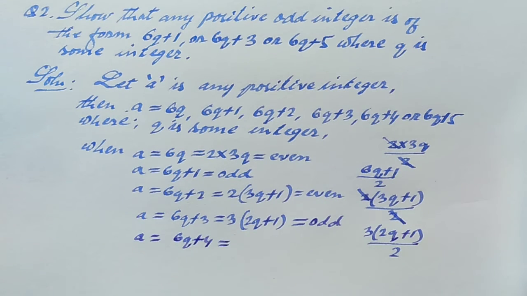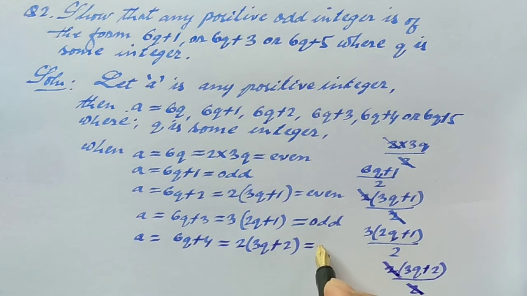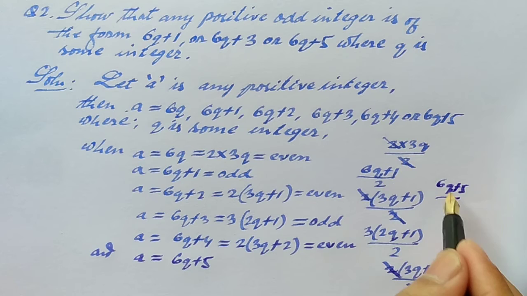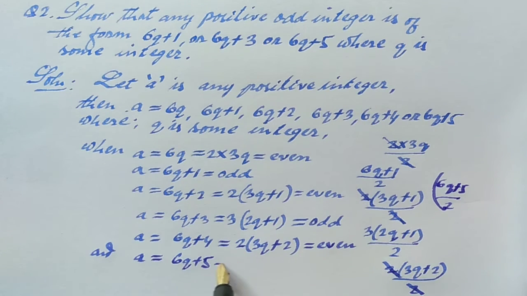Let us take 2 common and check: 2 times (3q plus 2), since 2 times 2 is 4. Let us check again: (3q plus 2) divided by 2. What do you get? It is even. And finally we have a is equal to 6q plus 5. This 6q plus 5 is not divisible by 2. Therefore this is odd.